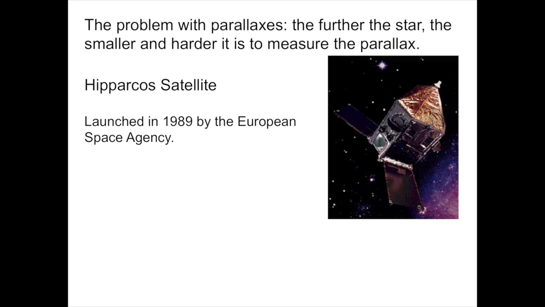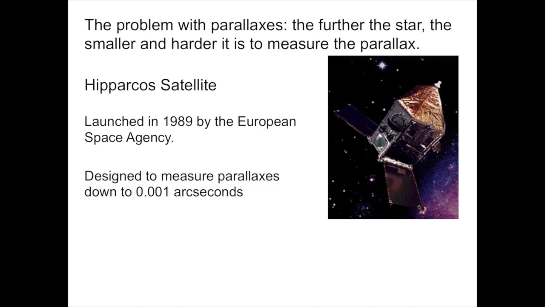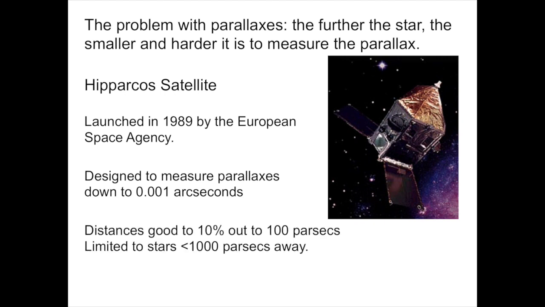The first of these satellites devoted to measuring parallax was the Hipparcos satellite, launched in 1989 by the European Space Agency. The Hipparcos satellite was designed to measure parallaxes down to 1/1000th of an arcsecond. 1/1000th of an arcsecond is able to give you a distance good to about a 10% precision out to about 100 parsecs.